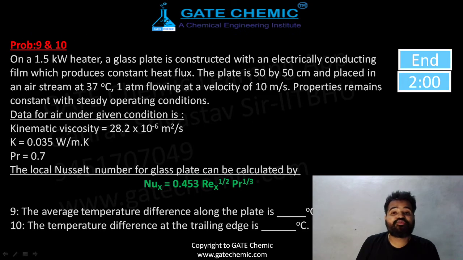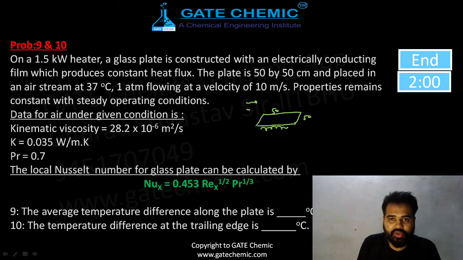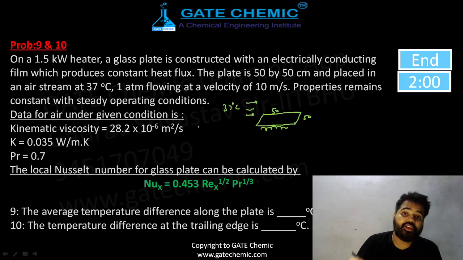Okay, now the plate is 50 by 50 centimeter. That means यहाँ आपका कोई heater था बेटा, and one beautiful plate is above that heater, and this plate is of 50 by 50 centimeter. Okay, this is 50, this is 50. Placed in an air stream. Here the air stream is going there, and the air stream is at 37 degrees Celsius. It is already given in our problem.